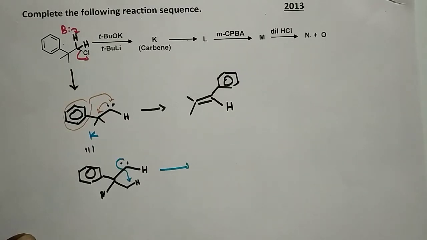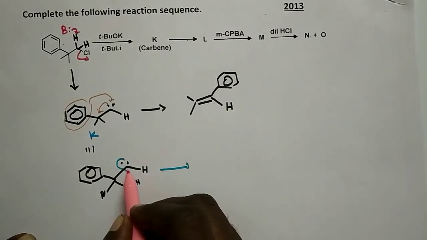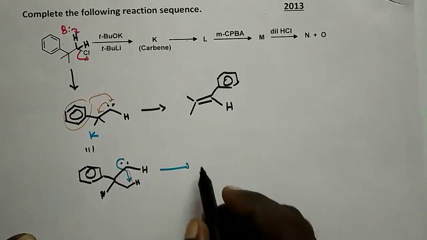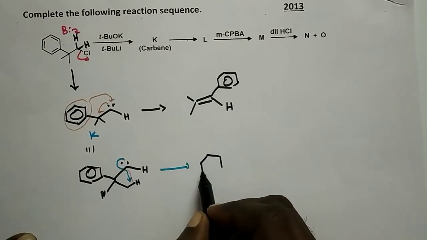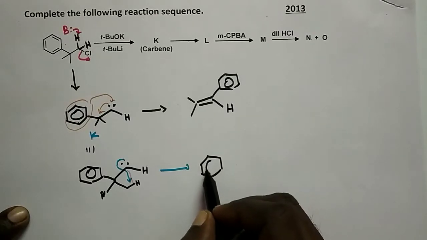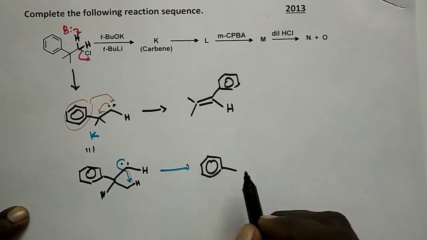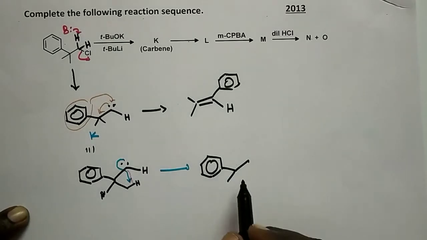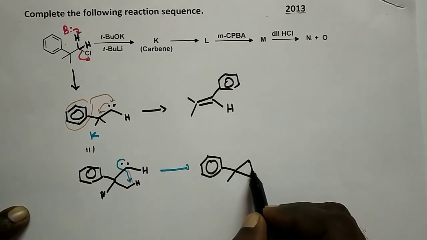The product is supposed to be, if it inserts, it should come here. In between carbon and hydrogen, this carbon should come. So the product is here the methyl, here this methyl, and insertion.